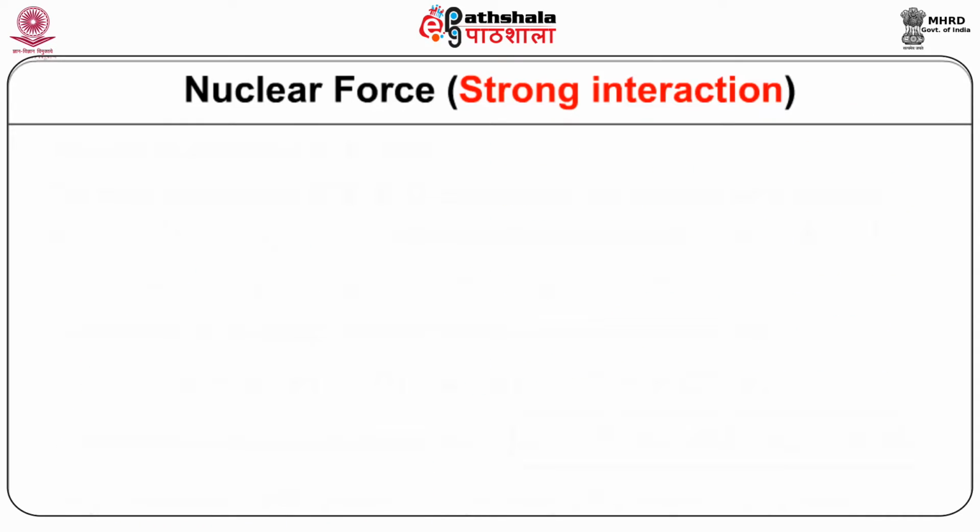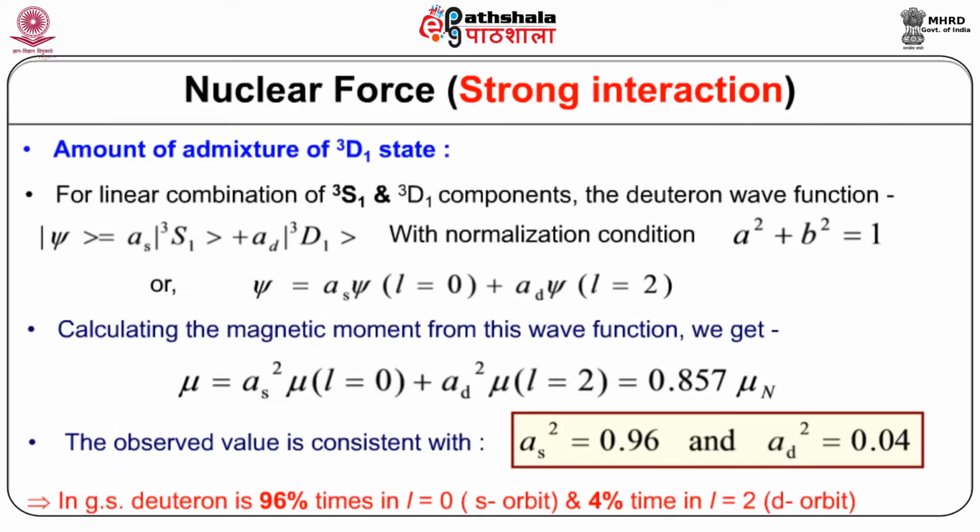Nuclear force, strong interaction. So we have learned up to the previous slides that there can be an admixture of two states, that is L is equal to 0 and L is equal to 2, in the ground state of deuteron. In what ratio the two states are mixed in the ground state of deuteron, that we are going to study in this slide.